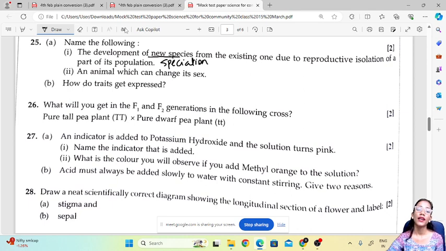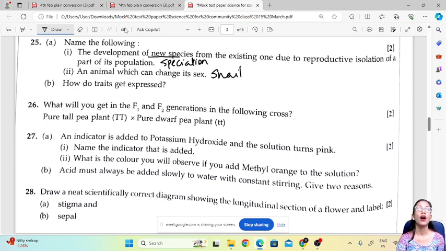Okay, next is an animal which can change its sex, its gender. Now when we talk about this, we know that in humans gender is genetically determined, and there is one organism mentioned in a textbook where the gender changes with temperature or other factors. One of the organisms is snail.